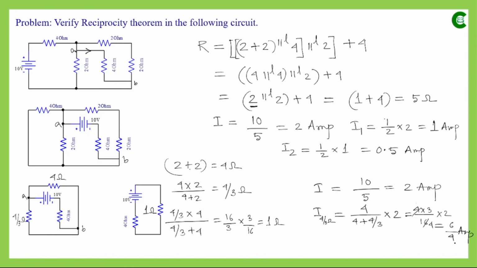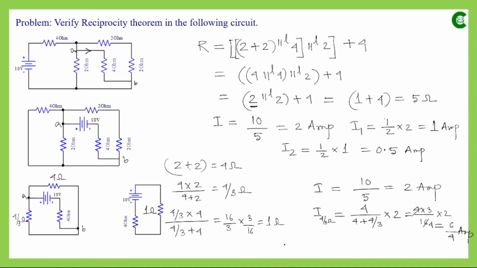Now this 6 by 4 ampere current is flowing through this 4 by 3 ohm resistor, which is the equivalent resistance of this parallel path where we have this 4 ohm and this 2 ohm. And finally we want to obtain the current value through this 4 ohm resistor.